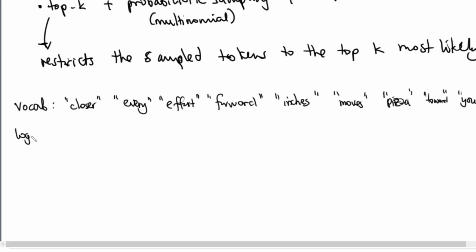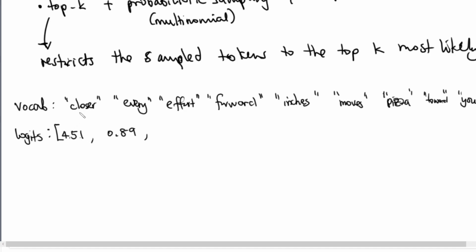Let's say when we ran the model, these were the logits that we got back. So we got back 4.51 for closer, and then for every we get 0.89, and then effort. Even though they might not be aligned, just know that the logits are going to be in reference to the vocabulary, right? If position one is the answer, we then go to the vocabulary and ask what is in position one, or index zero?